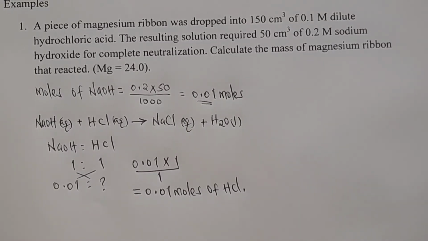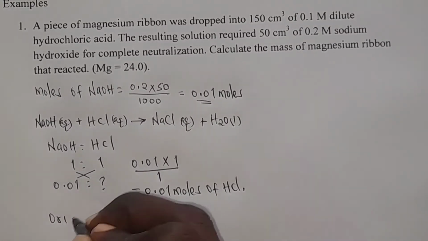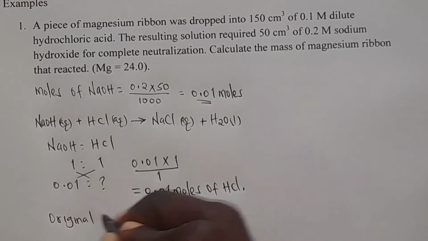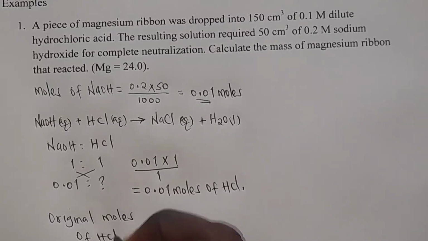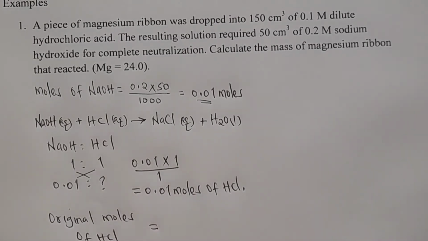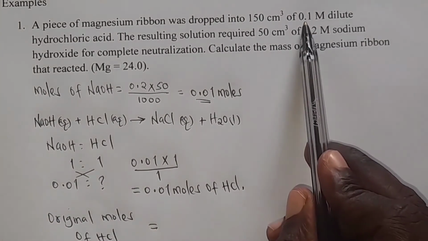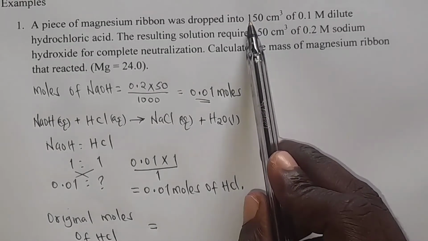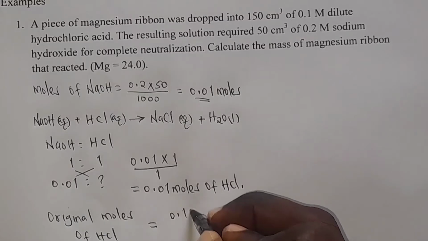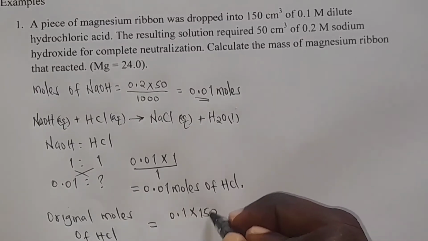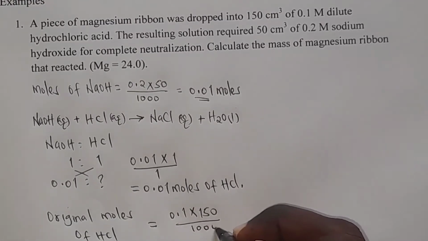Next, we have to look for the original moles of hydrochloric acid. Moles is given by molarity, which for hydrochloric acid is 0.1, multiplied by volume, which is 150, divided by 1000. So we say 0.1 multiplied by 150 divided by 1000.